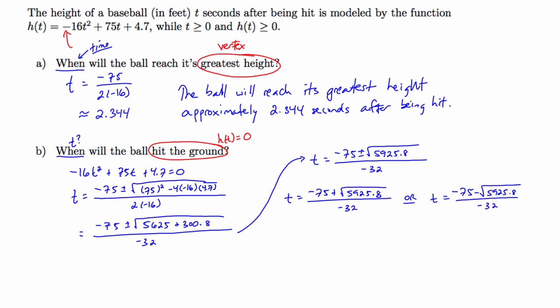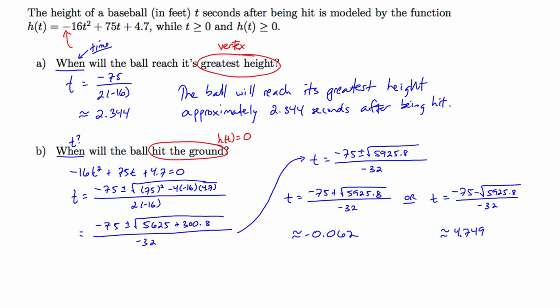Putting the first possibility into my calculator, negative 75 plus the square root of 5,925.8 all divided by negative 32 is equal to about negative 0.062. On the other hand, putting negative 75 minus the square root of 5,925.8 all over negative 32 into my calculator, that value comes back as about 4.749.